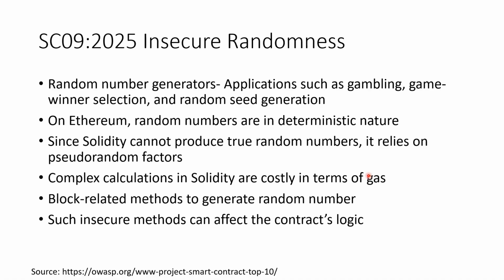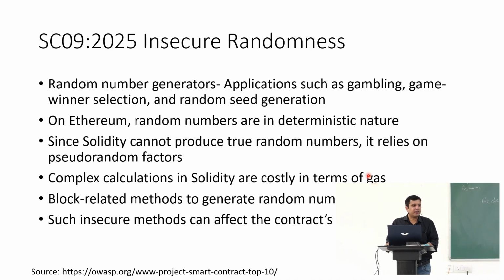On blockchain, if you have gaming applications where you require random number generation, it is very difficult to generate random numbers. So it uses pseudo-randoms. Pseudo-randoms depend on certain inputs. You need to provide some seed input. It will apply a mathematical function, and every time it will generate new random numbers. But it can be predictable.